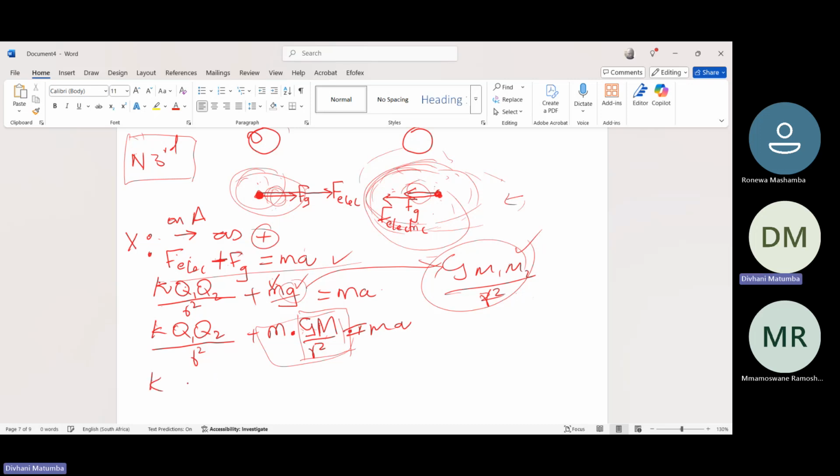I'll just write it properly, the way you were supposed to write it. Plus G M1 M2 all over r squared is equal to mass times acceleration. Okay.